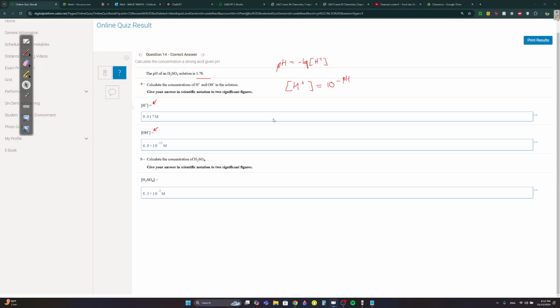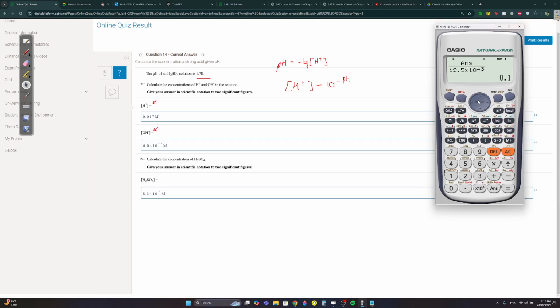So concentration of H plus is going to be 10 to the power of negative 1.78. This is going to be, to 2SF, 0.017.